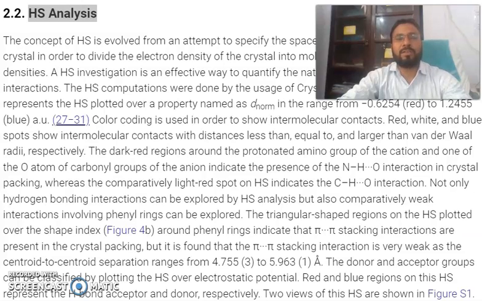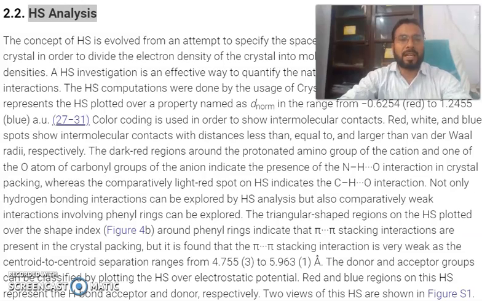You know, my friend, the concept of HS analysis evolved from an attempt to specify the space occupied by a molecule in a crystal, in order to divide the electron density of the crystal into molecular fragments of electron density.